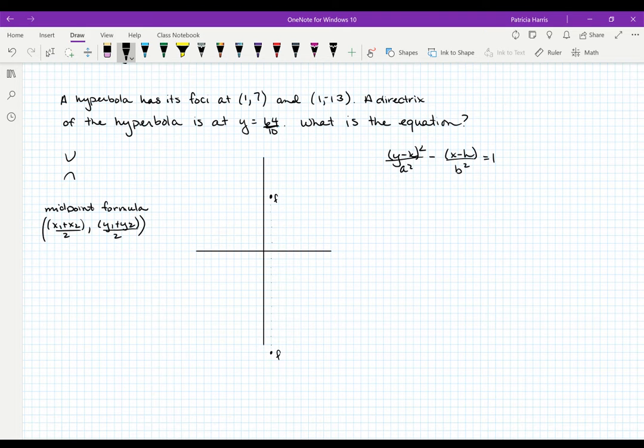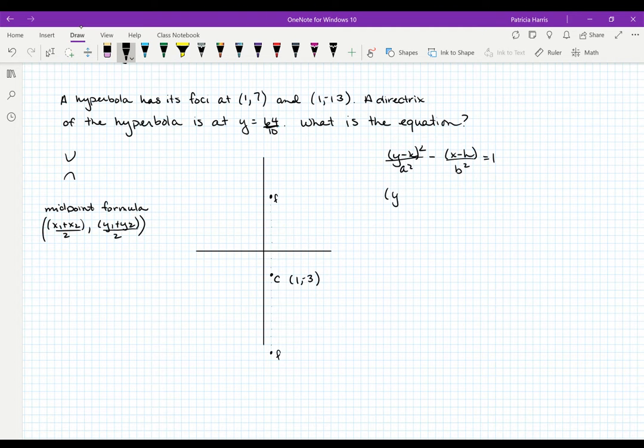There's a distance of 20, so I'm going to count down 10 from the top. So that's 7 and that's -3. So the center of my hyperbola is going to be (1, -3).